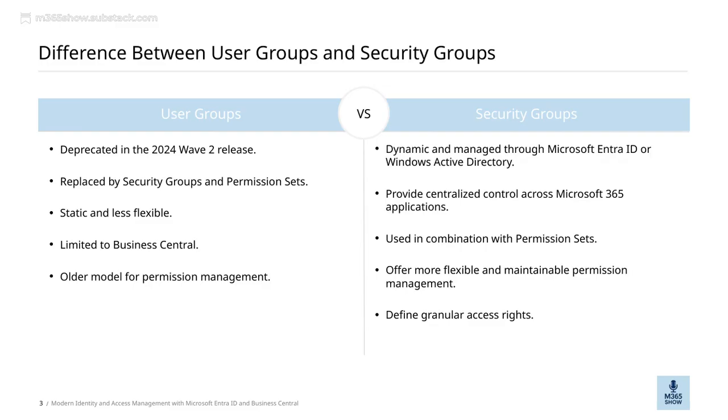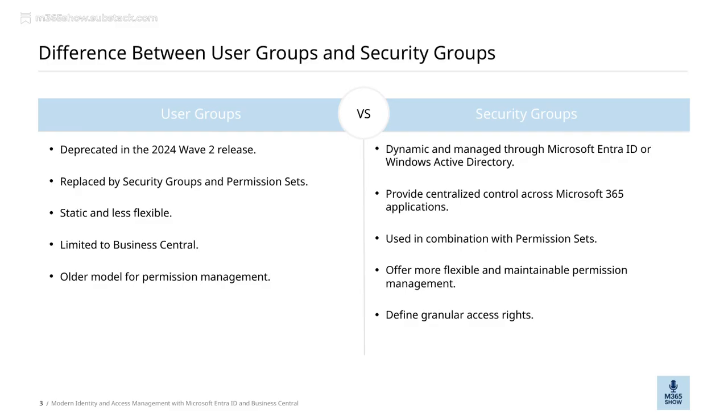However, it's important to note that this model is set to be deprecated in the 2024 Wave 2 release. Instead, Microsoft recommends using security groups combined with permission sets for a more robust and scalable approach. Now, security groups are the older, static method of permission management. They are limited to Business Central and are less flexible because they don't automatically update based on user attributes.